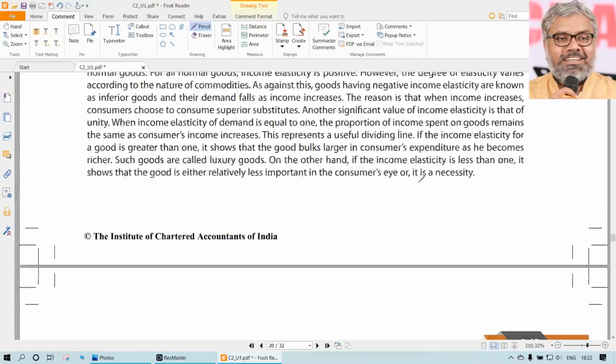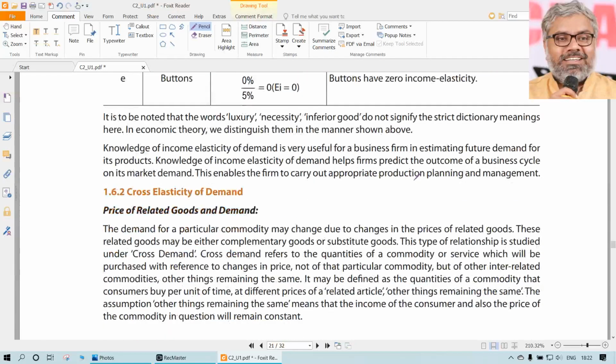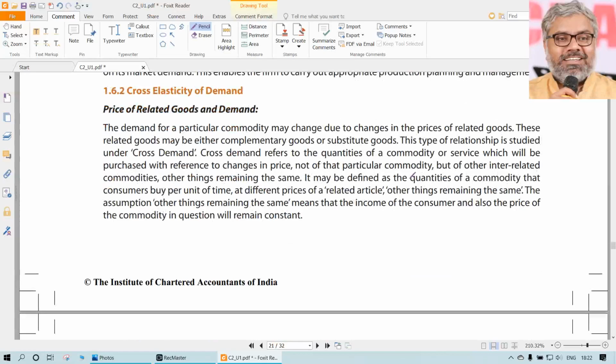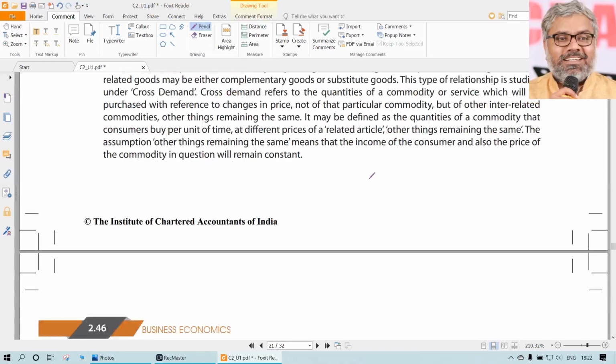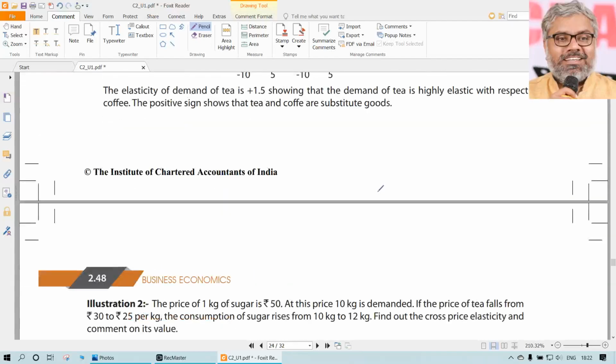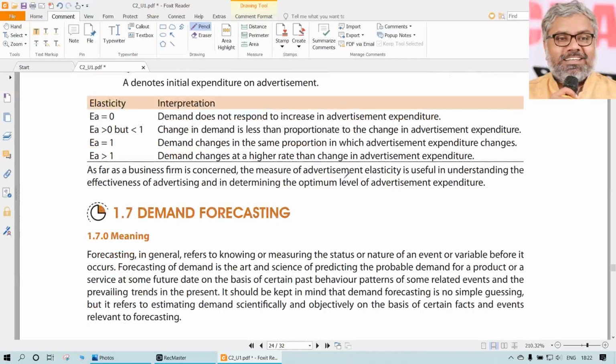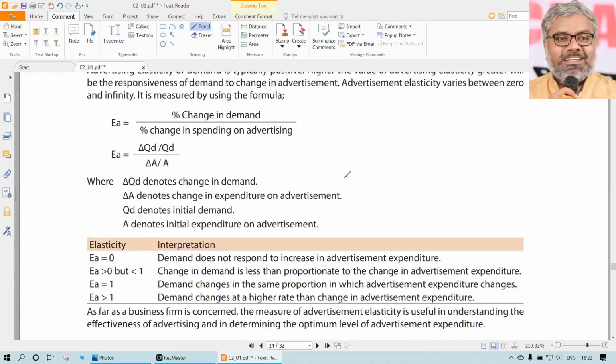See, once you know price elasticity calculation, income elasticity is also more or less the same, because the only change is the factor which is impacting the demand, but the concept of elasticity of demand is the same. In the same way, cross elasticity of demand, and all these things related to different types of elasticity of demand and what factors will influence the elasticity of demand, we'll discuss in the next class.